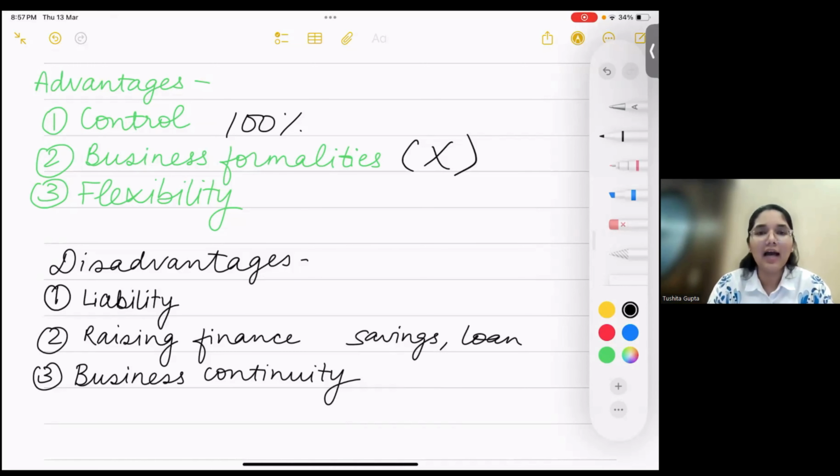And the third and last disadvantage that you see on your screen is with respect to business continuity. As we were talking about earlier, if the sole trader dies without passing on the business to somebody else, then the business also gets finished. There is nobody to continue the business.